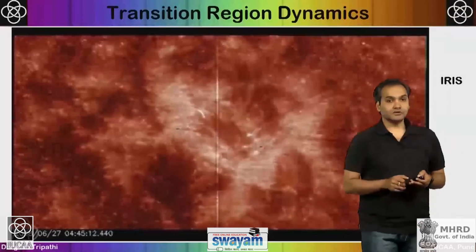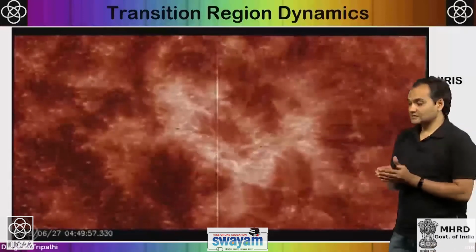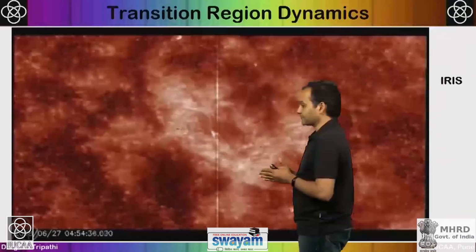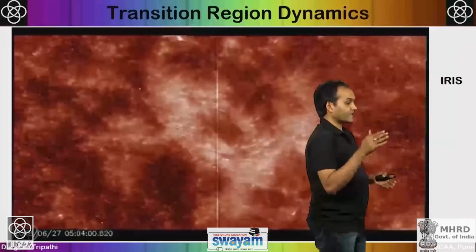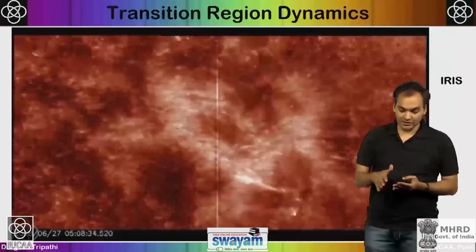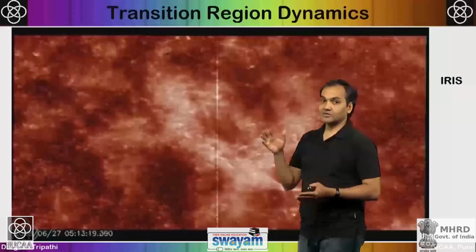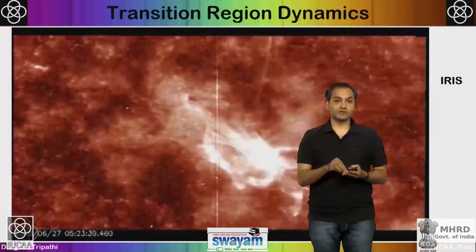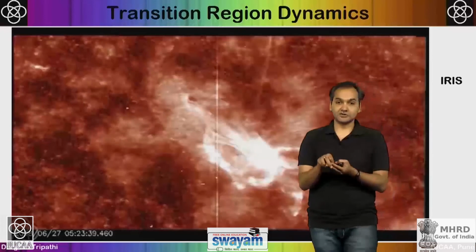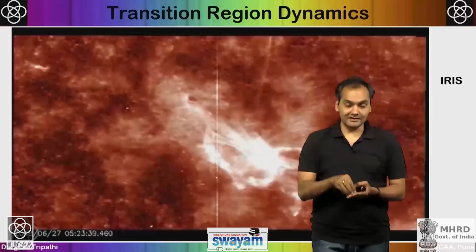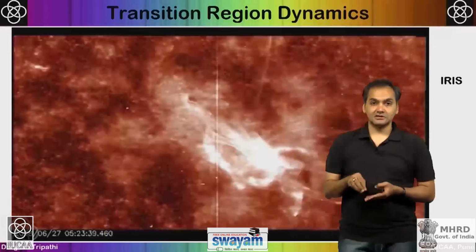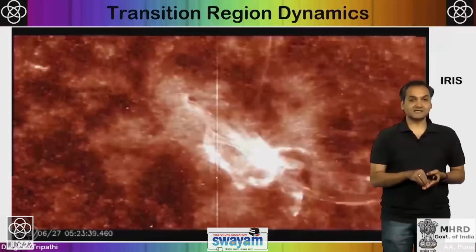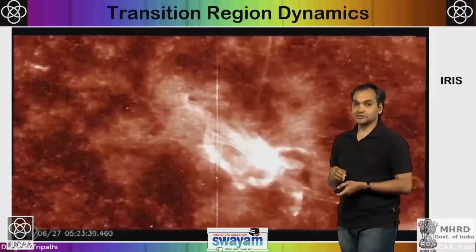Since this lies between the chromosphere and the corona, and as I argued earlier that the whole atmosphere is dynamically coupled, these brightenings or evolutions have to play a role in connecting the chromosphere to the corona, and that is something which is being studied and not fully understood to date.